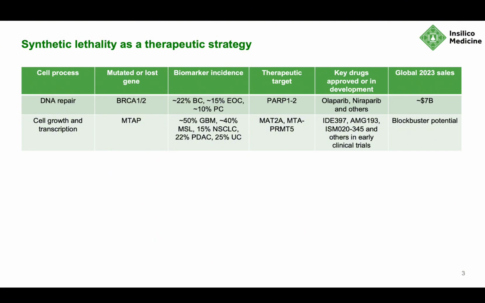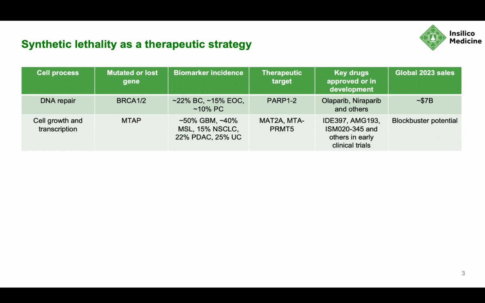BRCA, importantly, functions in the DNA repair pathway called homologous recombination. And inactivating mutations in BRCA1 or 2 make these cells dependent upon a redundant DNA repair mechanism known as non-homologous end joining.